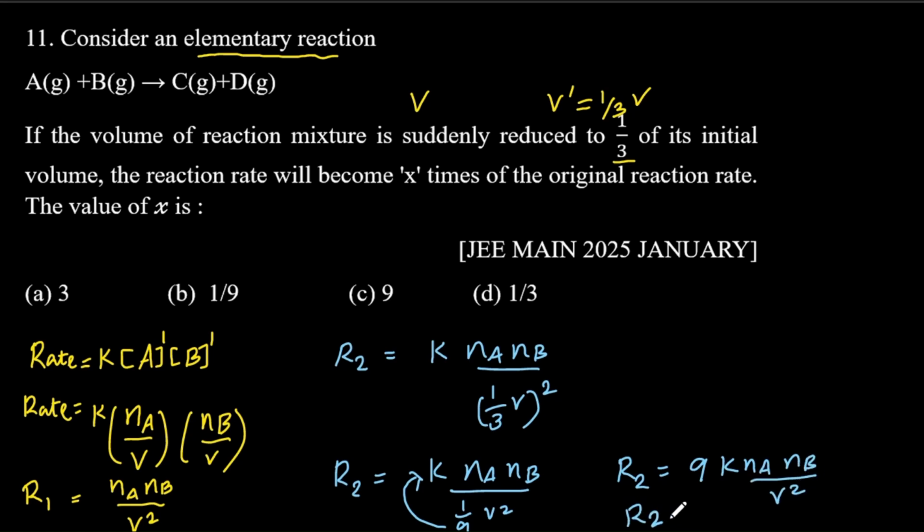So R2 equal to 9 into R1, because this whole term is nothing but R1. So R2 is 9 times of R1. So the reaction rate will become x times of the original reaction rate, and the value of x is 9, option C.